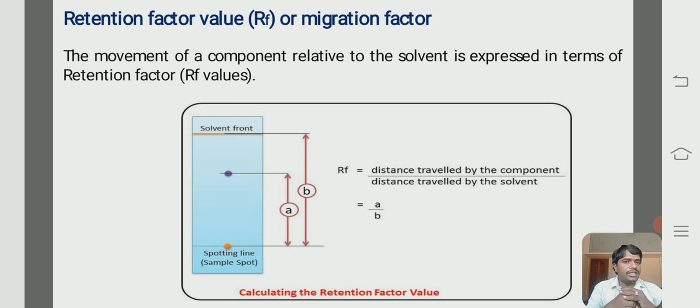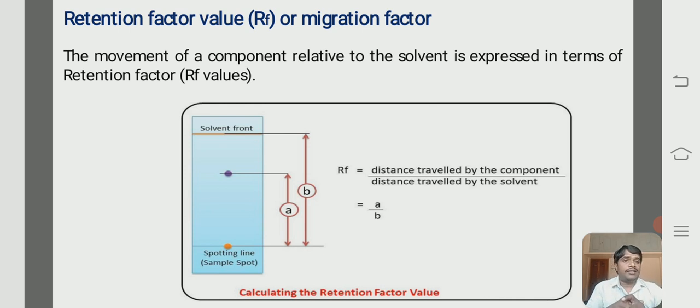Let us see the picture here. We have spotted a mixture of compounds at the bottom of the paper and it moves up to a length of A, that is a spot which appeared here, and the solvent is moved up to a length of B. This is defined as the distance travelled by the component, that is length of A, and the distance travelled by the solvent, which is also called the solvent front.